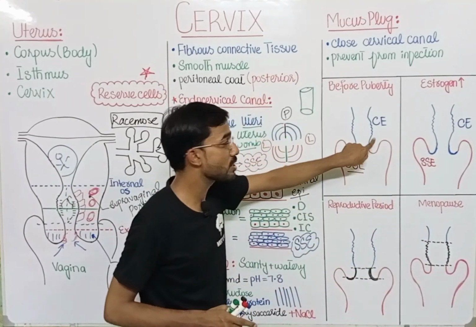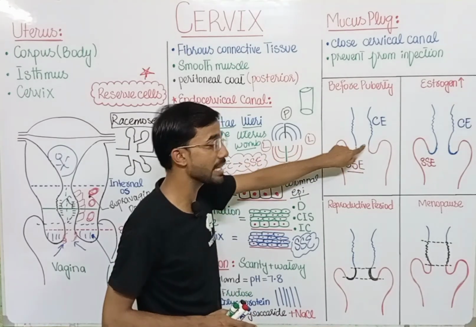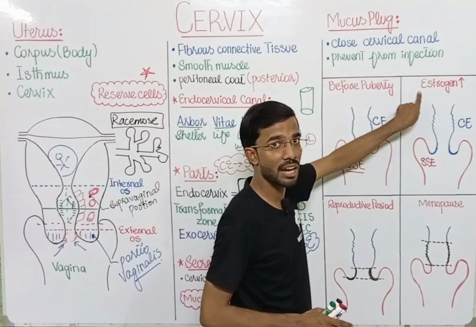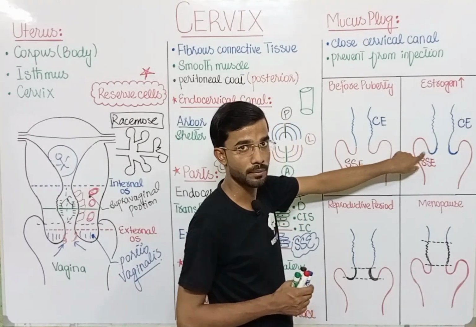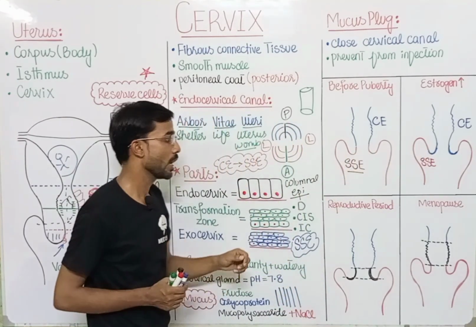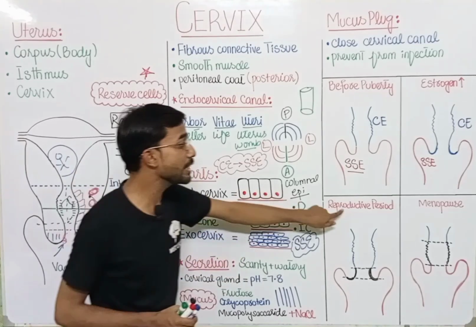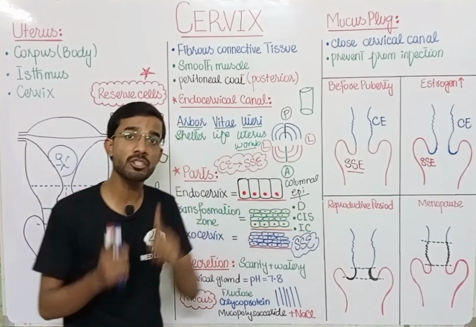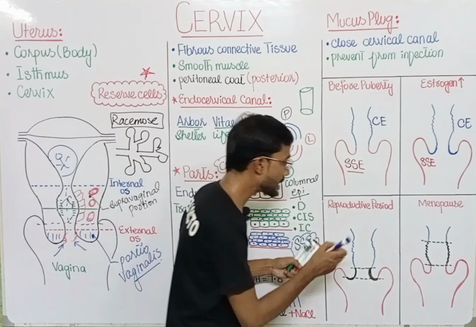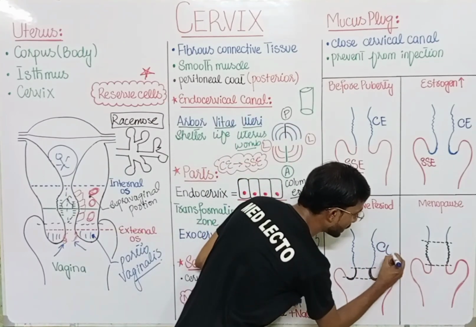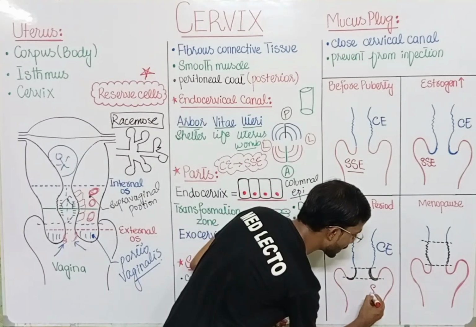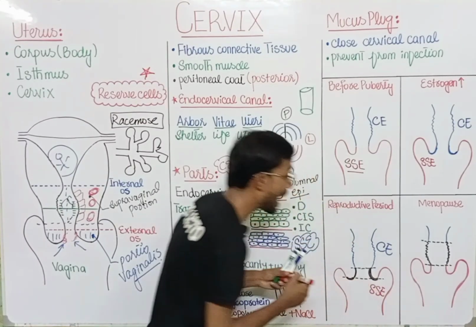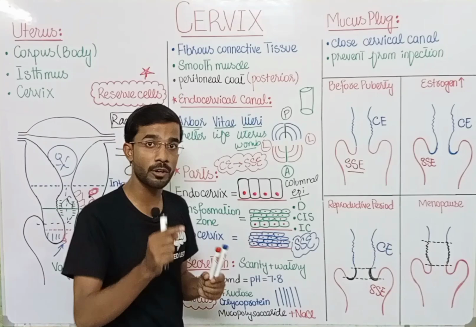Before puberty, columnar epithelium lies inside, but when the estrogen level increases, columnar epithelium starts moving outward toward the vagina. Okay, and in the reproductive period you will see the transformation zone. Again you will see the columnar epithelium, and outside you will see the stratified squamous epithelium, and you will see the region of the transformation zone.